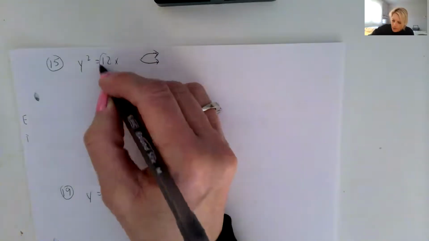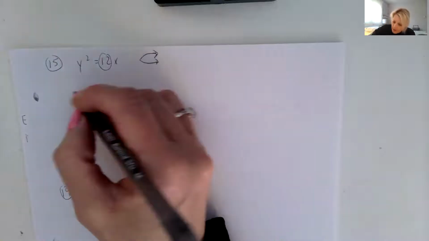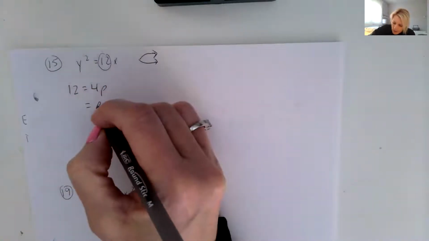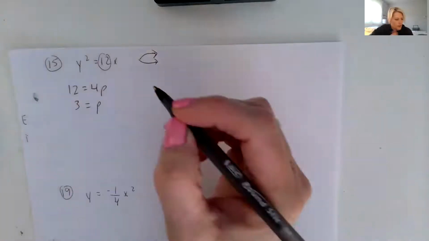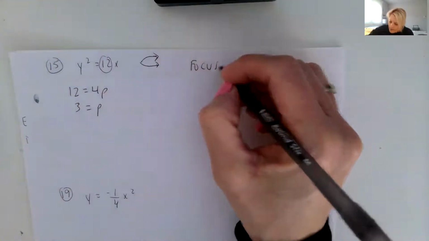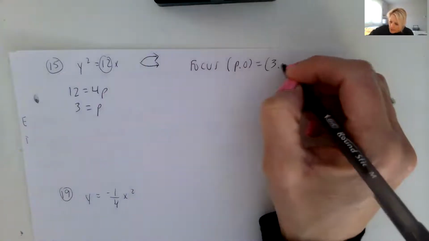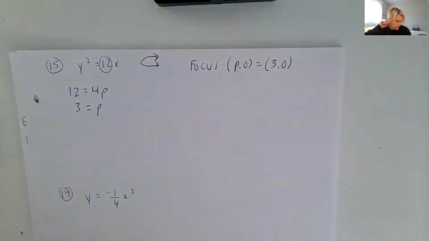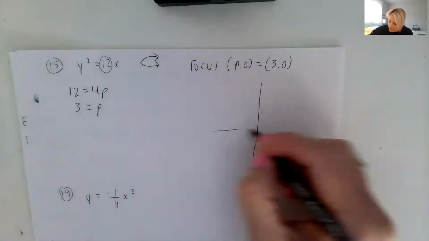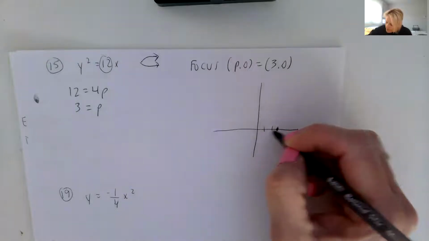We know the coefficient on x is equal to 4p, so 12 is equal to 4p. If we divide by 4, we can see that p is equal to 3. So our focus is going to be at (p, 0), which is 3, 0.